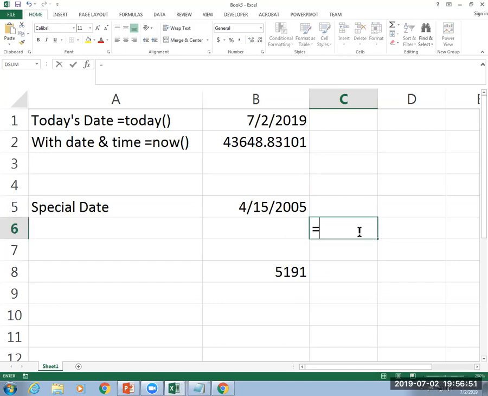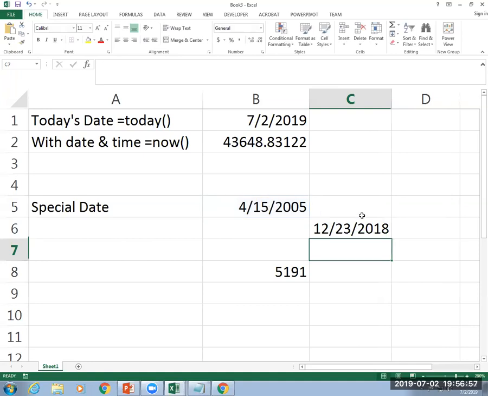Well, to do that, I'd say equals the special date plus 5,000, and we get that on the day before Christmas last year, it was indeed her 5,000th day birthday. So guess what I celebrated on Christmas Eve last year? Caitlin's 5,000th day birthday.